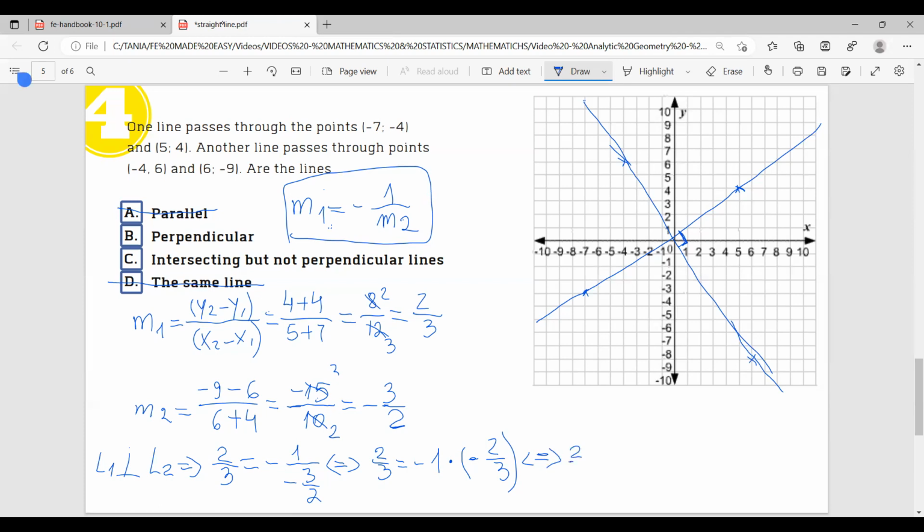So 2/3 equals 2/3, and minus with minus gets us to positive, and this is true. What we have just found is that these two lines satisfy this condition, which means that they are perpendicular indeed. So the correct answer is B. These two lines are perpendicular.